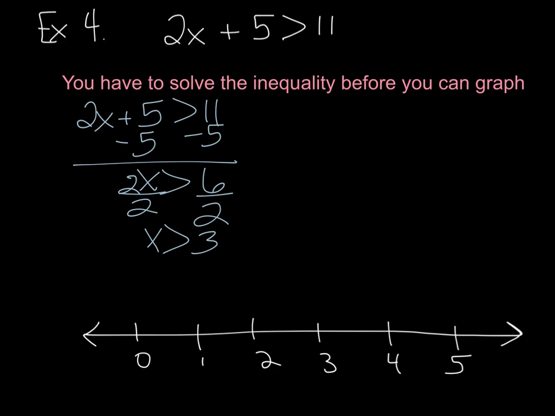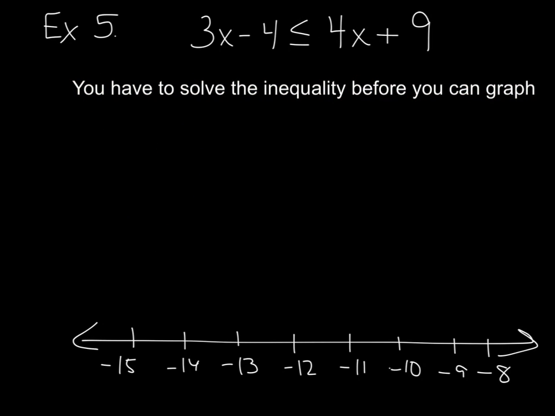So now I'm going to come down to the graph. Again, I'm going to have an open circle here because x is just greater, not equal to. I'm looking for the numbers that are getting bigger than 3, so I'm going to shade to my right, because that's where x is going to be getting bigger than 3.